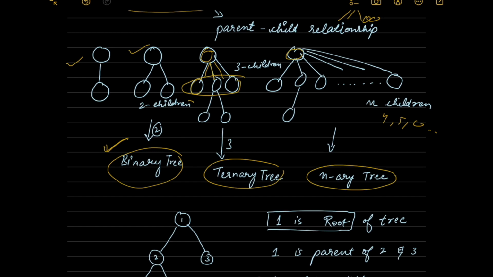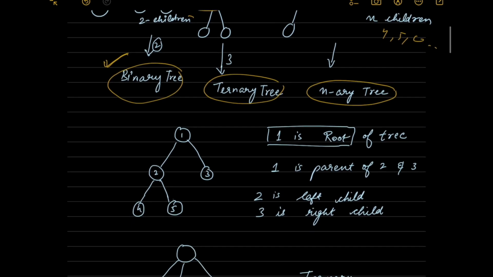As I mentioned, binary tree is the most important category of trees that we need to learn. We look at how we represent a binary tree. This is one sample binary tree that we have here. One is the root node. Since it's the node which starts the tree, it's at the top, so that's why it's called a root.